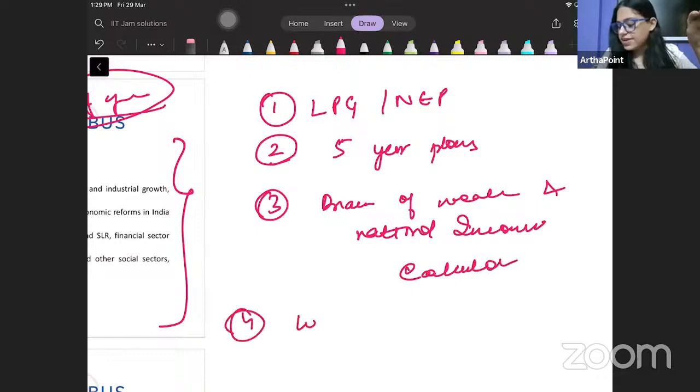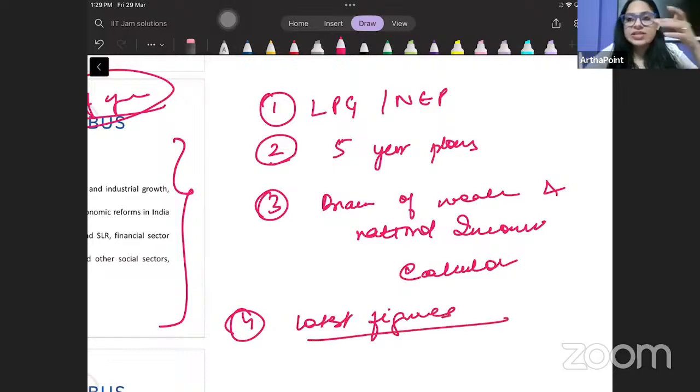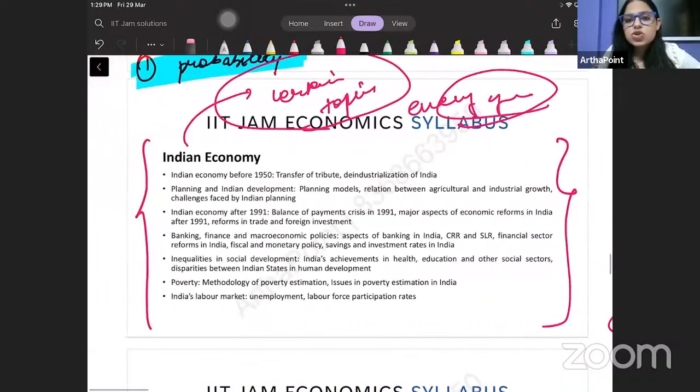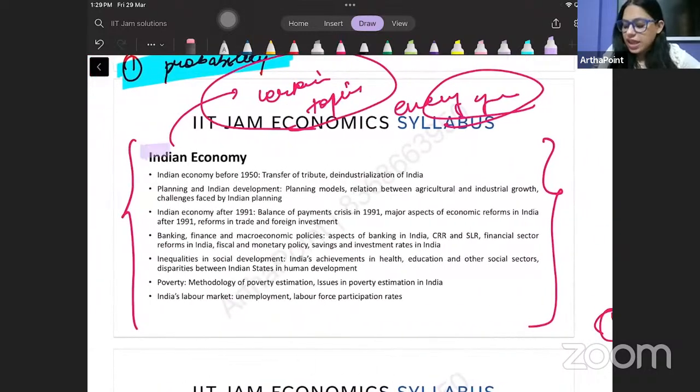And fourth, on some latest figures: latest human development index, latest GDP, latest inflation rate. So these are some of the fixed topics that have been asked every year from Indian economy, and therefore we must focus on these as part of the preparation.